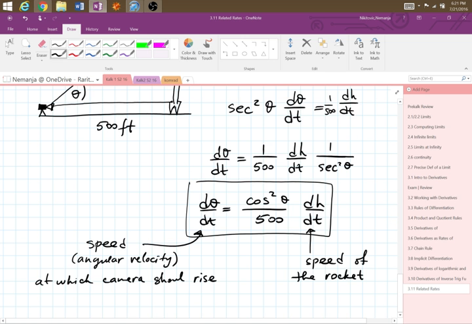If you build a system that has the ability to change the speed of the motor that raises this camera up, and you know the speed of the rocket at all times because that's read on the computer, right?